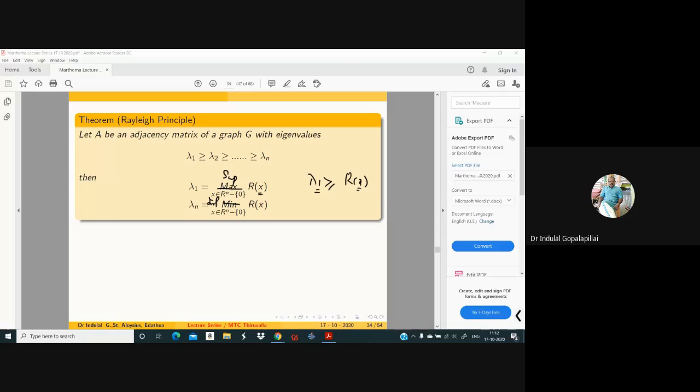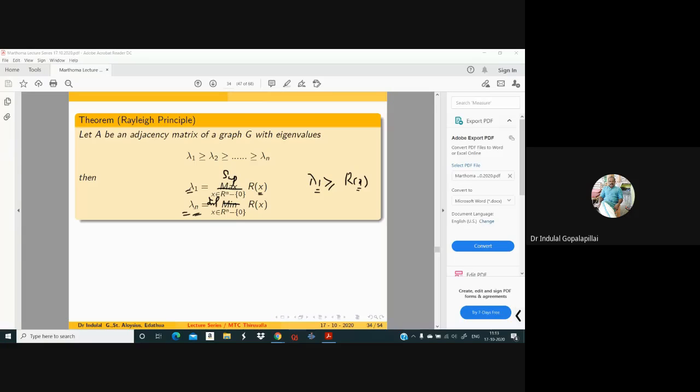So this is one research problem: finding estimates of the largest and the smallest eigenvalue. We have a very simple proof for this Rayleigh principle, though there are more than 50 or 60 different proofs. We will prove this, and similarly the second follows.